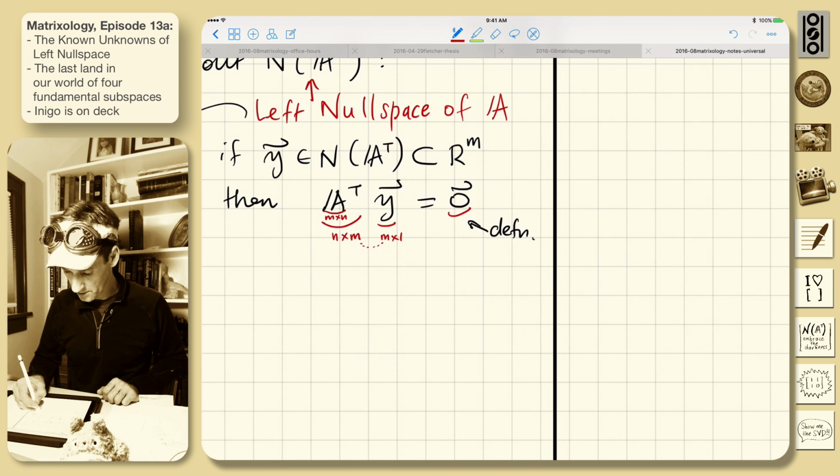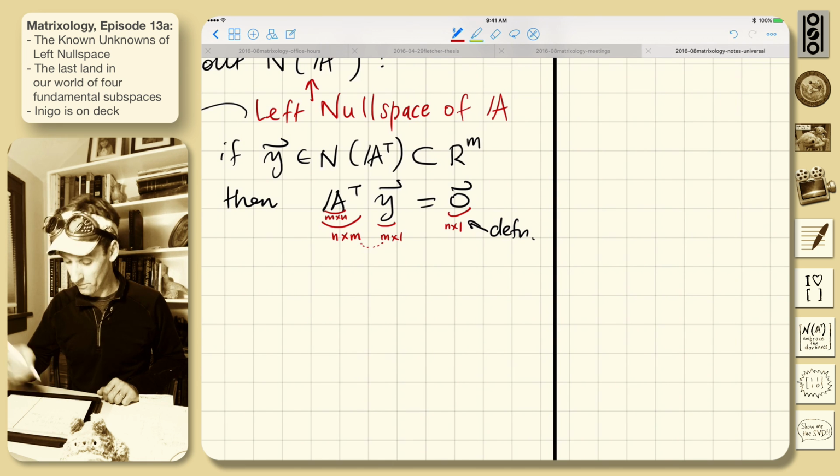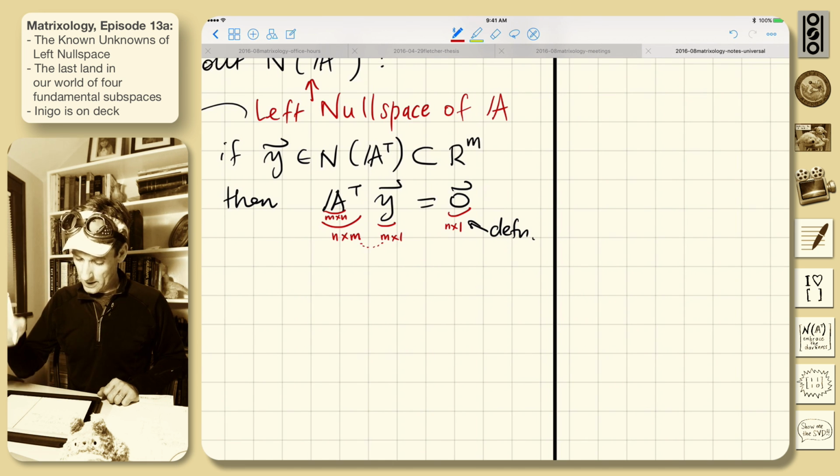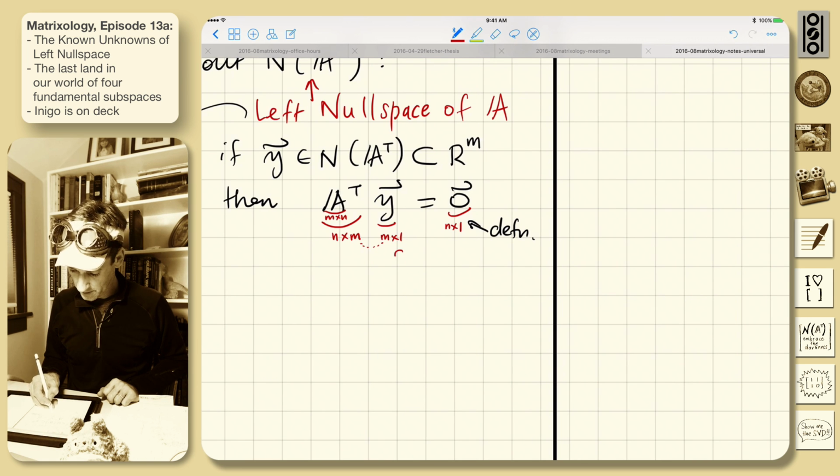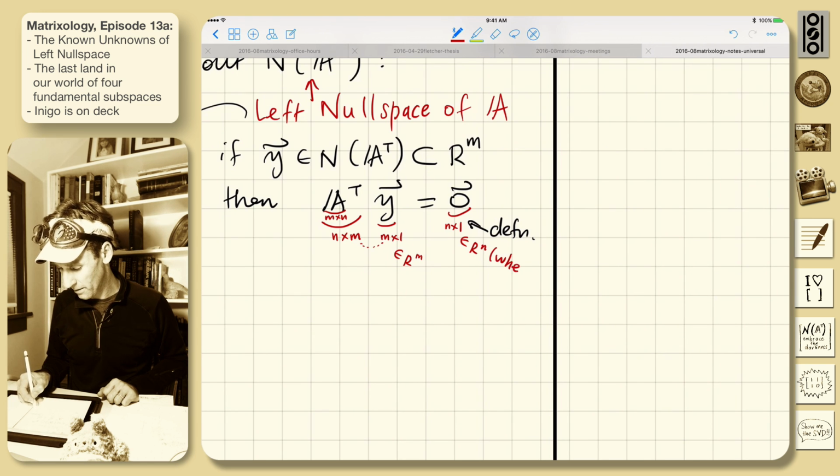And this is an n by 1 of zeros, which is an n by 1. So this one lives in R^m, and this one lives in R^n, where the x's are.